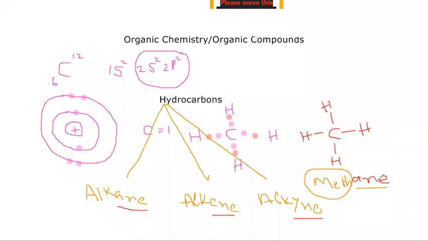And if a molecule is ending with "ene", then it belongs to the group of hydrocarbons called the alkenes. And if it is ending with "yne", that means it belongs to the group of hydrocarbons called alkyne.